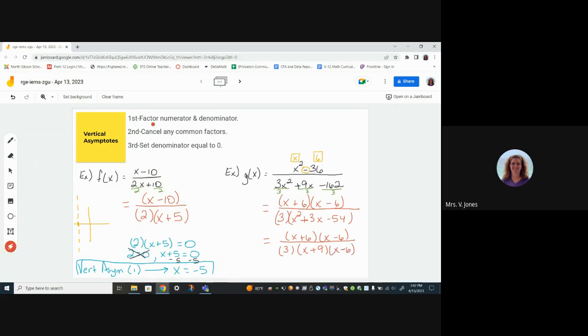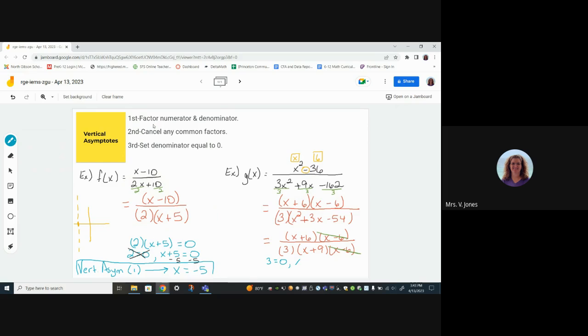Now, right here, we're going to see, because this is step 2, do you see how these are identical on the top and the bottom? So those will actually cancel. Okay, so since they're going to cancel, I'm going to cancel those out real quick. These two cancel. So what you have left to find your vertical asymptote, you have a 3, or set that equal to 0. That's one of the factors.